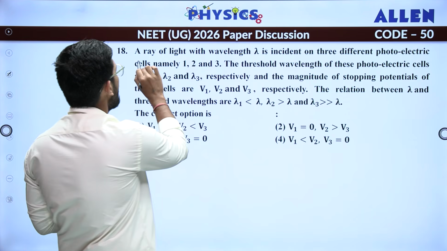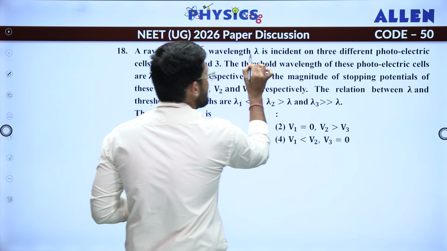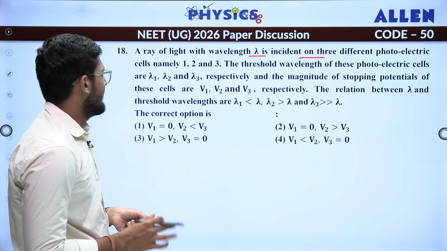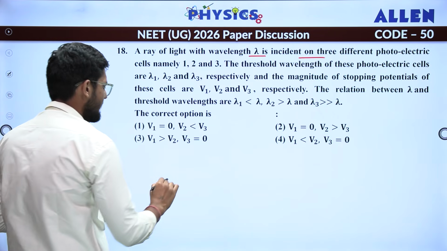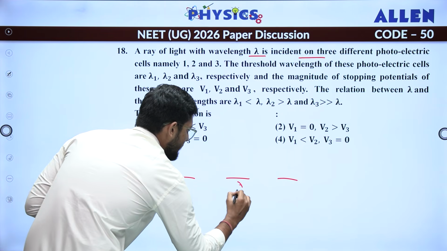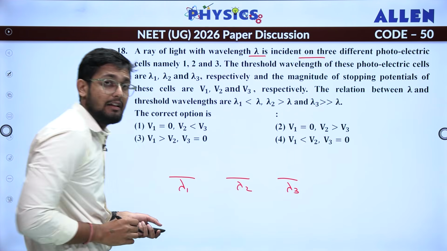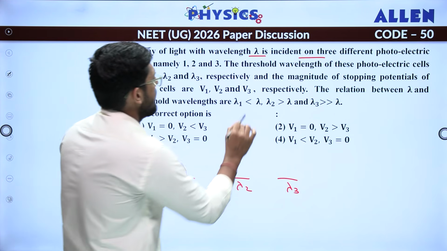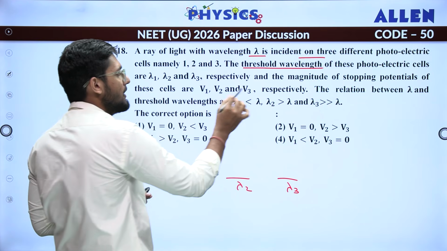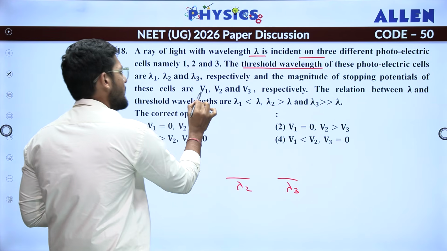Next, a ray of light with wavelength lambda is incident on 3 different photoelectric cells. So we have 3 different photoelectric cells. Let's suppose these are the 3 cells, and they have lambda 1, lambda 2, and lambda 3 as the threshold wavelength respectively. The magnitude of stopping potential is given to you as V1, V2, V3.